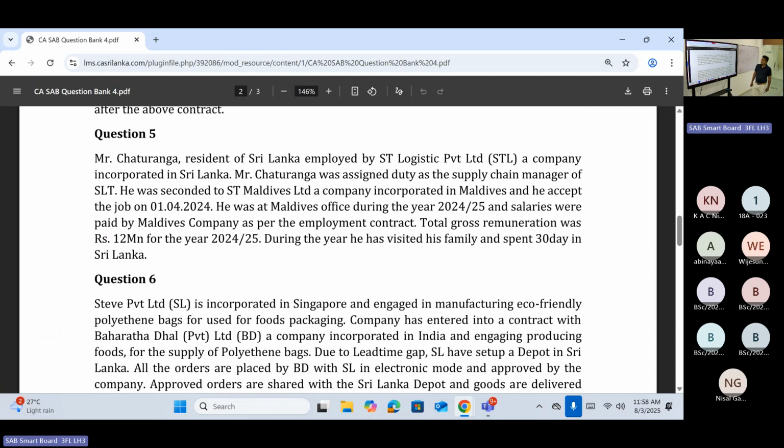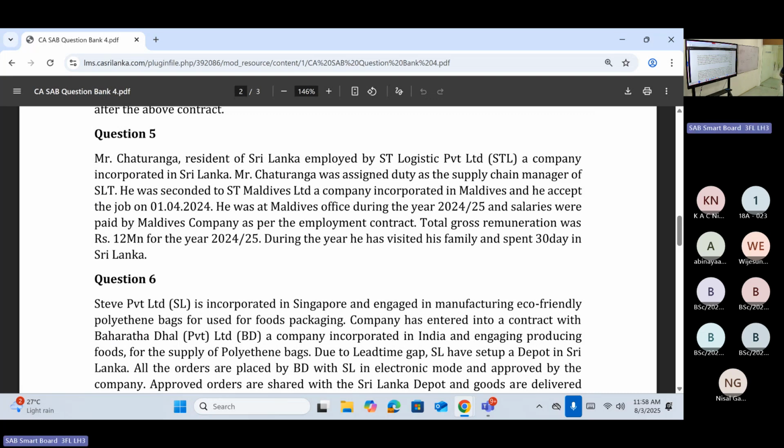Mr. Chaturanga, President of Sri Lanka, employed by SP Logistics Private Limited, a company incorporated in Sri Lanka. Mr. Chaturanga was assigned duty as the supply chain manager of XLT. He was seconded to ST Molecules Limited, a company incorporated in Molecules, and he accepted the job on 1st April 2024.